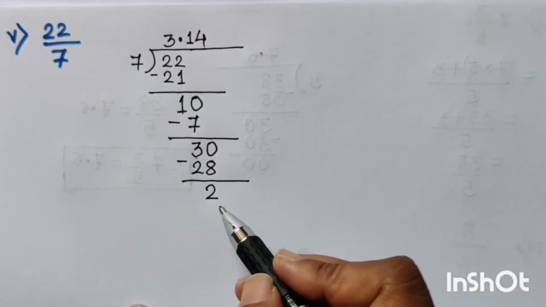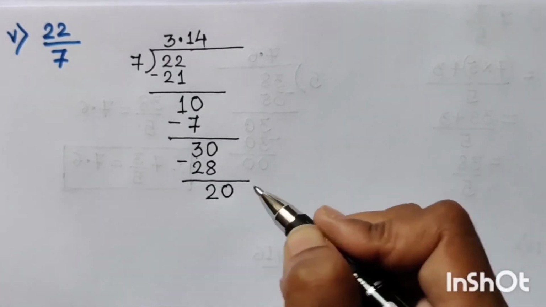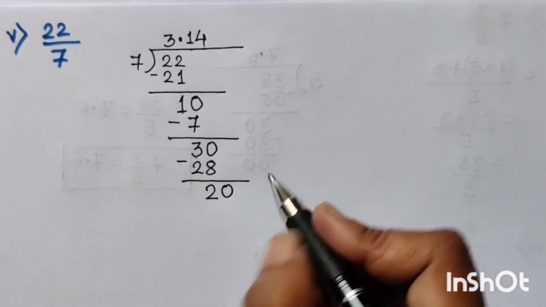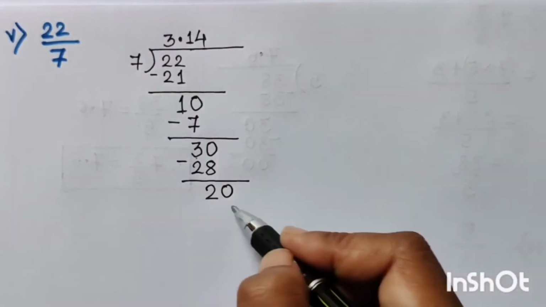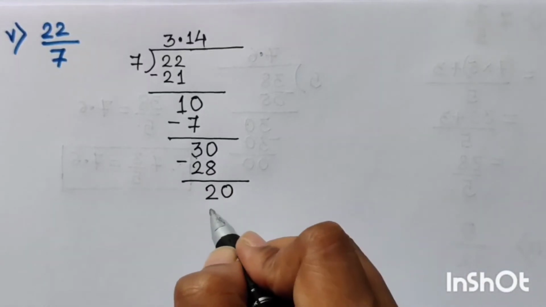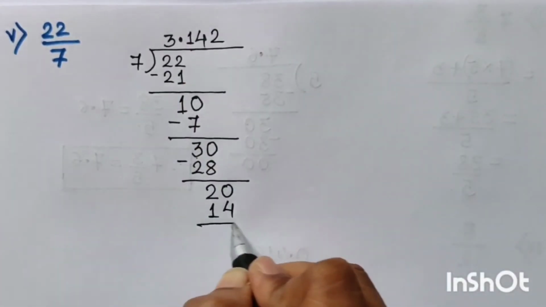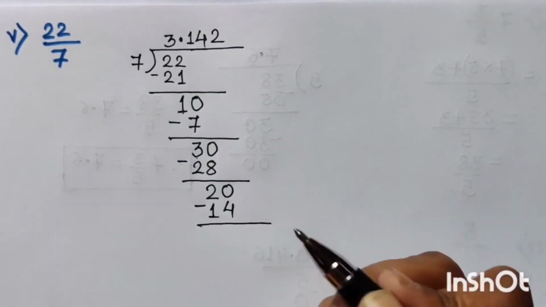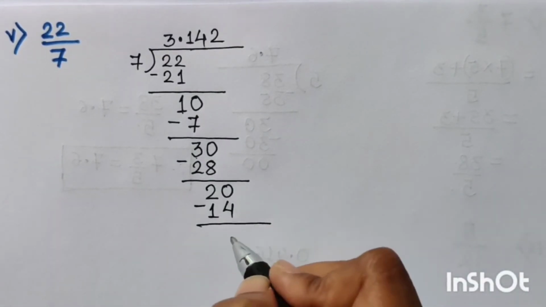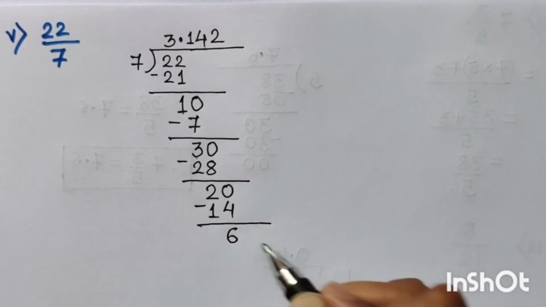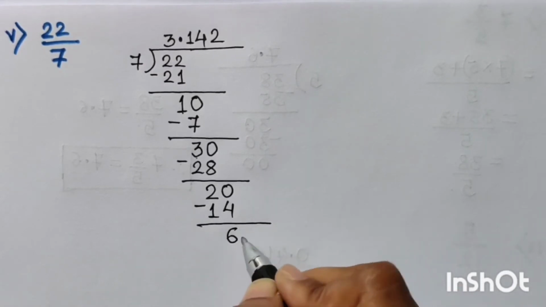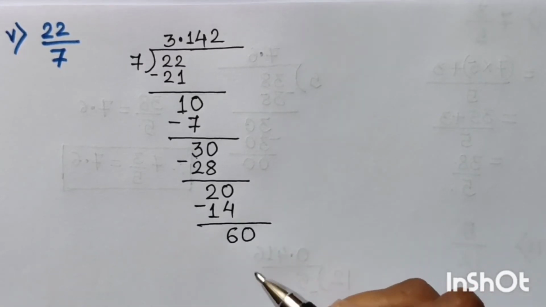That means it is not 0. We have to put a 0 after this 2. Now again divide 20 by 7. 7 2s are 14. Put a minus sign. 20 minus 14. 6 is the remainder. Again it is not 0. That means we have to put a 0 after 6.